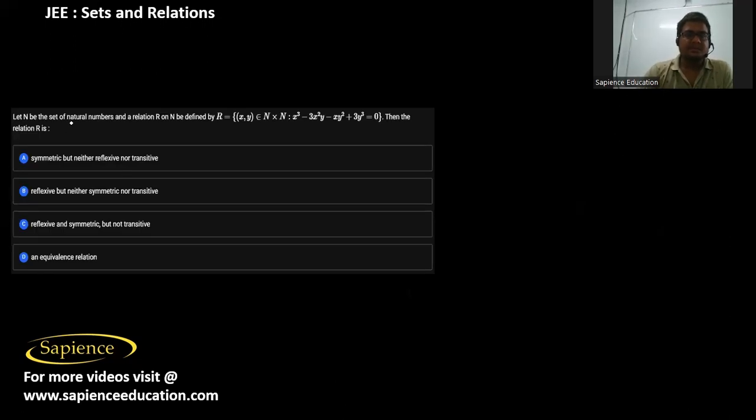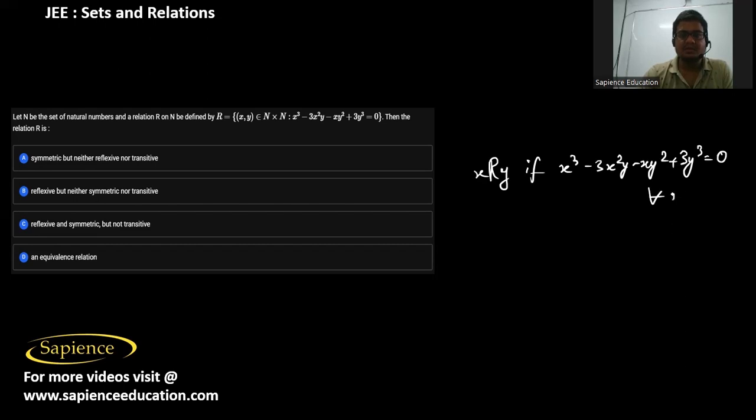Then here it is told, let N be the set of natural numbers and a relation R on N be defined as: x is related to y if x cube minus 3x square y minus xy square plus 3y cube is equal to 0 for all x, y belongs to N. Then the relation R is.